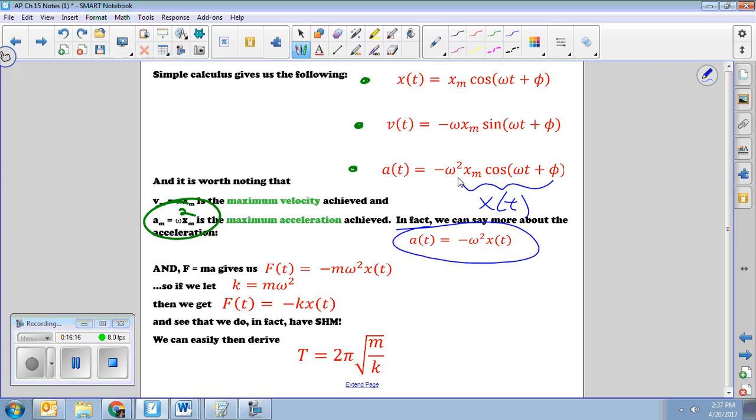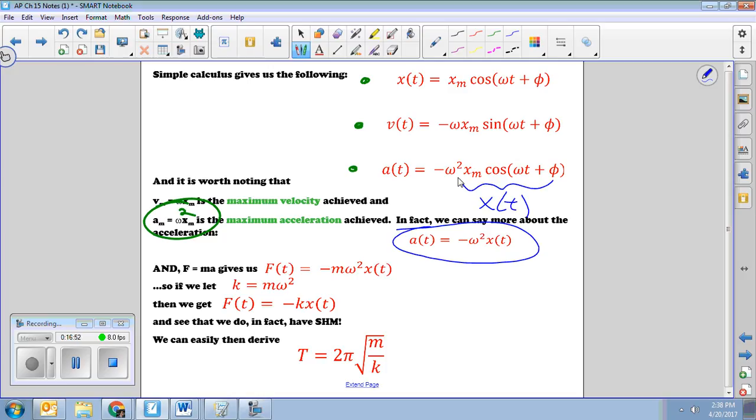All right. So we've got an equation for acceleration, right? So by multiplying acceleration by mass, we get force, right? Force is mass times acceleration, Newton's second law. So that means that our force at a given time is our acceleration at that time times the mass, right? Cool? Now notice, I don't know if you guys remember, the definition of simple harmonic motion is motion in which the restoring force is proportional to the displacement.